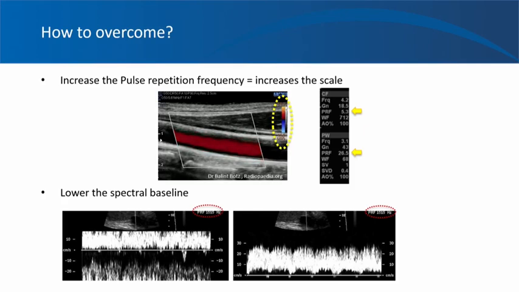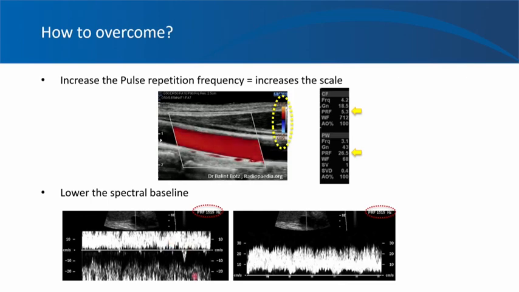The other way to overcome aliasing is just to lower the spectral baseline. You are evaluating only one blood vessel. So say you are evaluating a blood vessel where the flow is towards the transducer, so you are interested only in the waveform above the baseline.